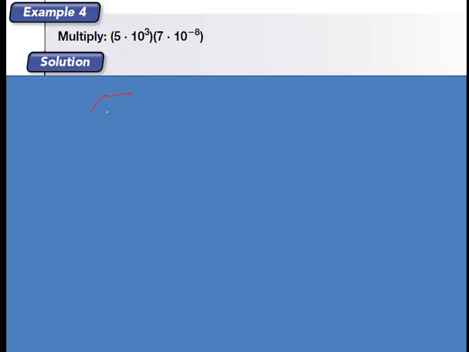Okay. I pull out my 5, and I pull out my 7. I pull out my 10 to the 3rd power times my 10 to the negative 8 power. I know this is 35. And I look at this, I've got 3 plus a negative 8. If I'm at 3 on the number line, and then I go to my left 8 spots, I know I'm going to end up at negative 5.